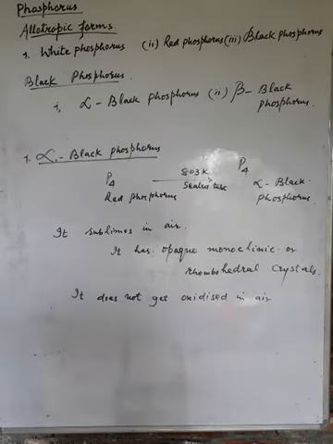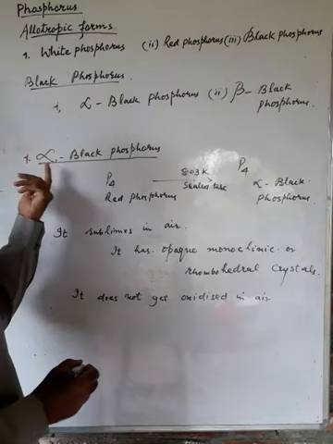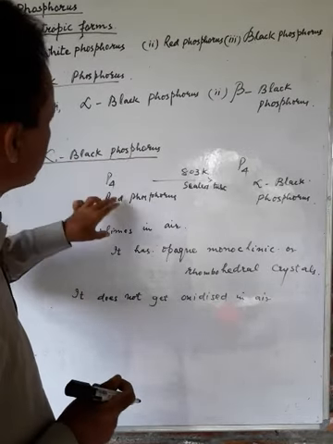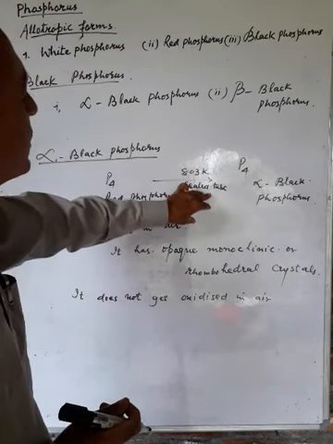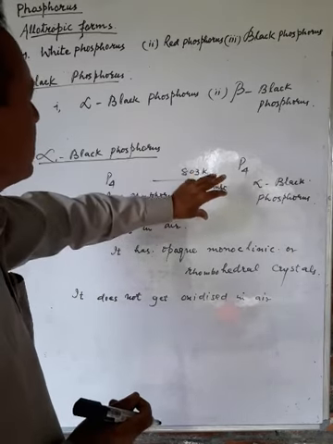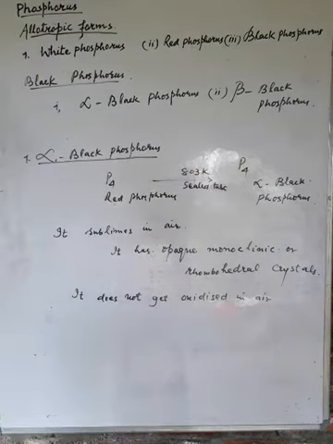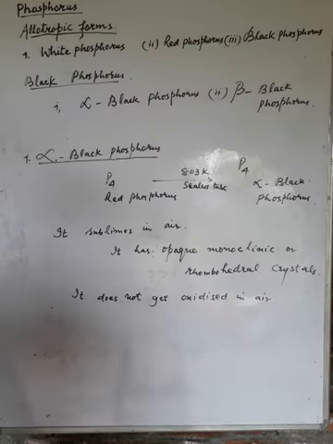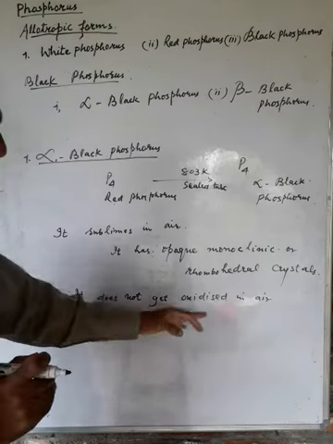This is all about alpha black phosphorus, that we get it when red phosphorus is heated in a sealed tube at 803 Kelvin. This alpha black phosphorus does not get oxidized in the air.